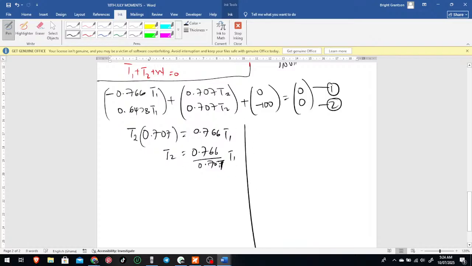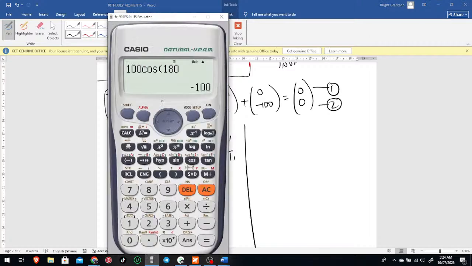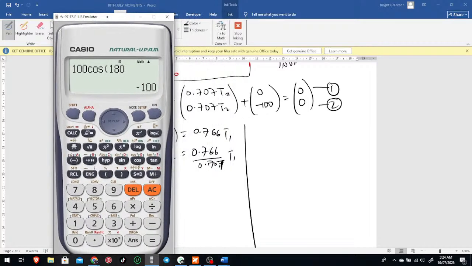So enter into equation 2. Put T2 equals 1.083 T1. Let's simplify this one. The way I don't like this math. It's 1.083.